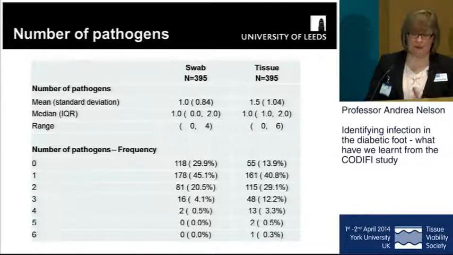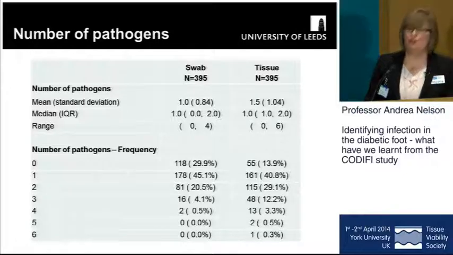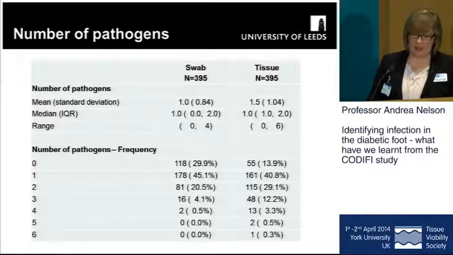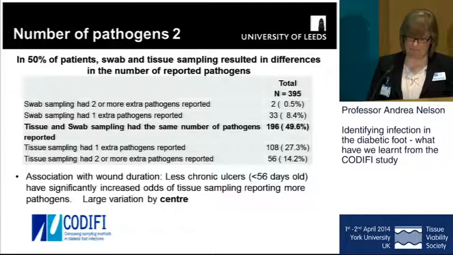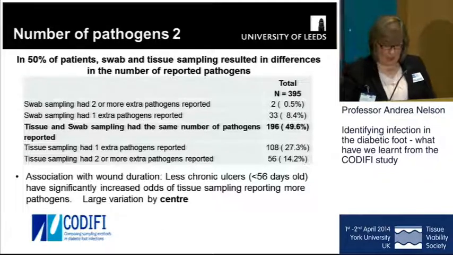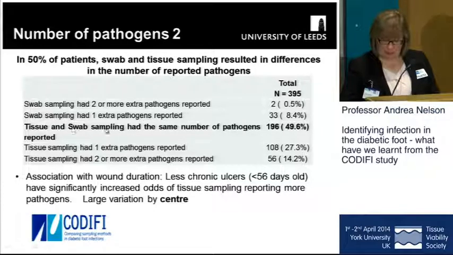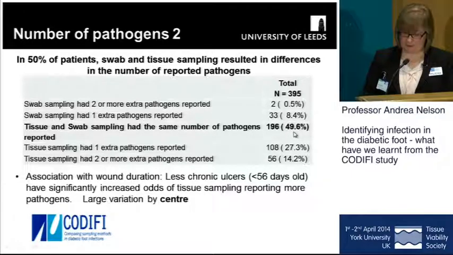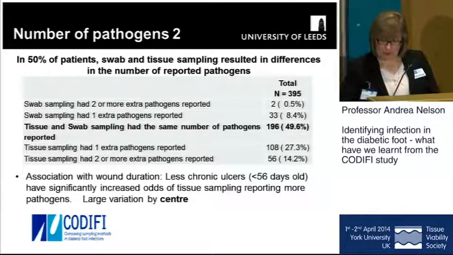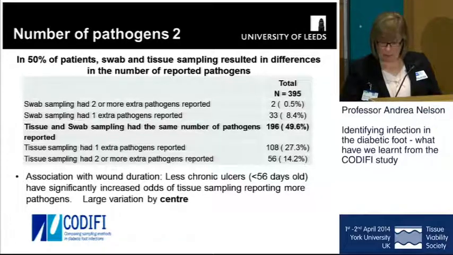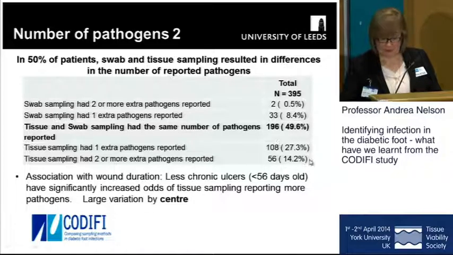So there was a difference in the number of pathogens, with tissue samples reporting more than swabs. And we've summarised here for you the fact that tissue and swab sampling had the same number of pathogens in only 50% of patients. And in most cases, the tissue samples reported additional pathogens over and above the swab samples.